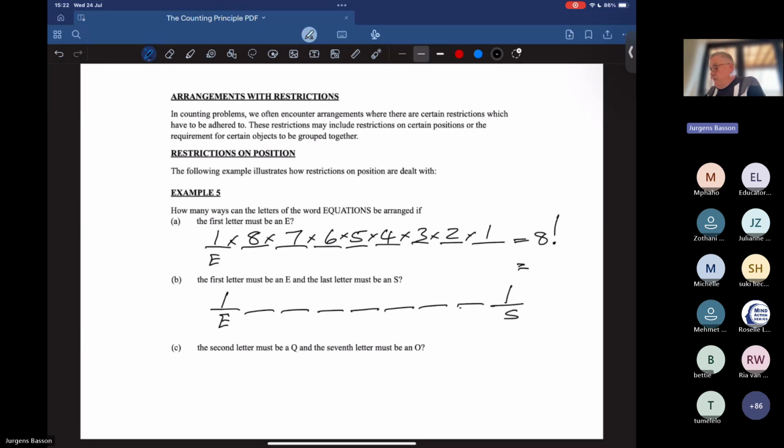And now in between, there are no restrictions. And you agree there are now 7 letters left. So we go 7, 6, 5, 4, 3, 2, 1. And now we're going to multiply, and you agree in multiplication, this 1 in the beginning and at the end, it's got no impact. So the answer now, 7 factorial.